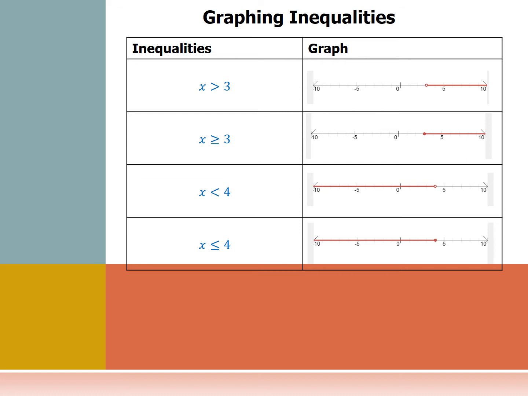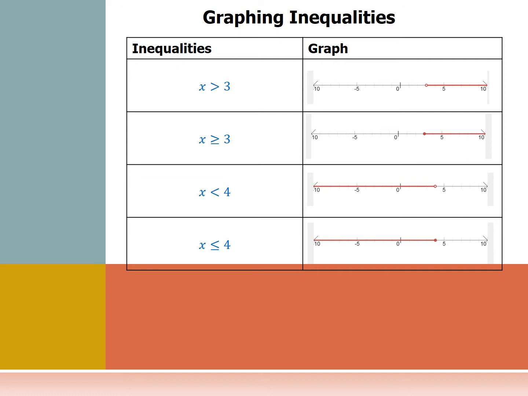For number 3, x less than 4, starting with number 4, but we have to graph an open circle on number 4 because it's not included. Then going down to the left, because the numbers decrease when we go to the left on a number line.